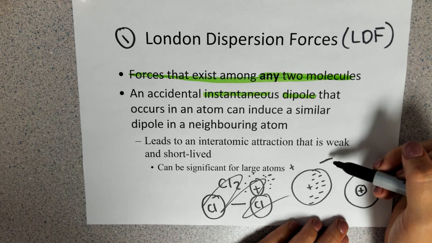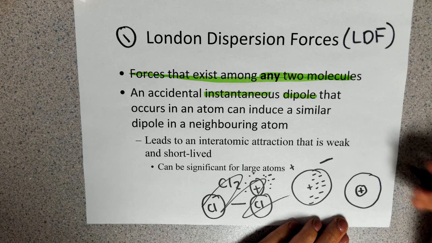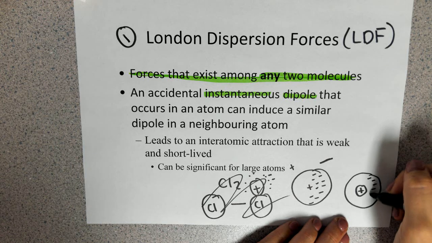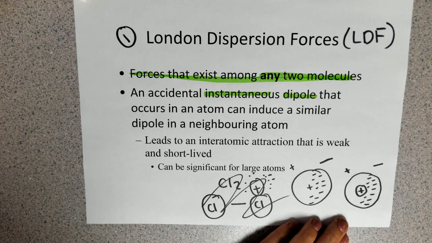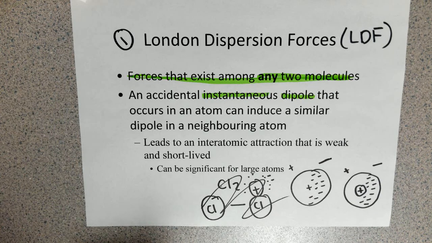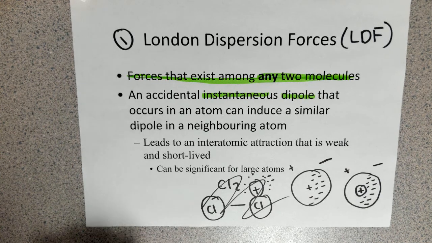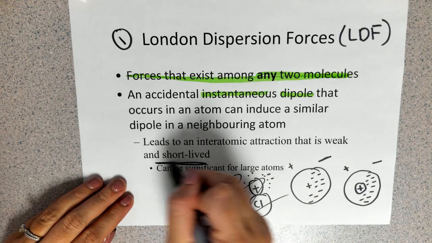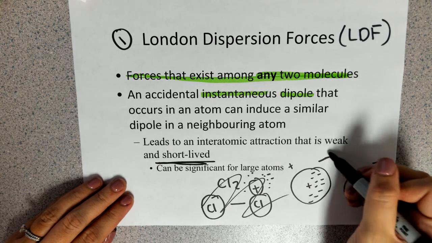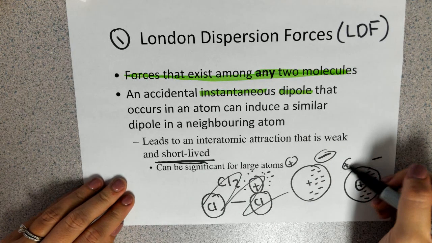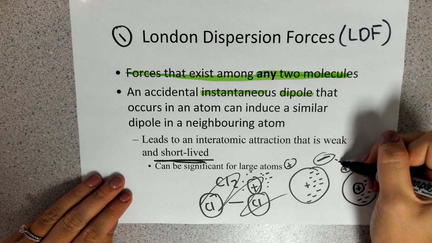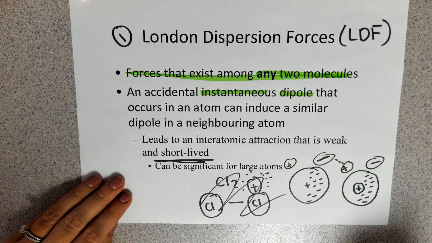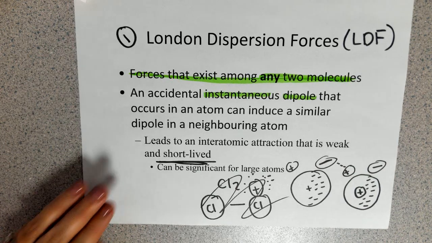What do we know about electrons? Electrons repel electrons, and so the electrons move over on this side. And now we've got a positive and a negative. And this just happens randomly, and it is very short-lived. But for a moment, there are dipoles in these atoms, and because they have charges, there's an attraction between them, because negative attracts positive.